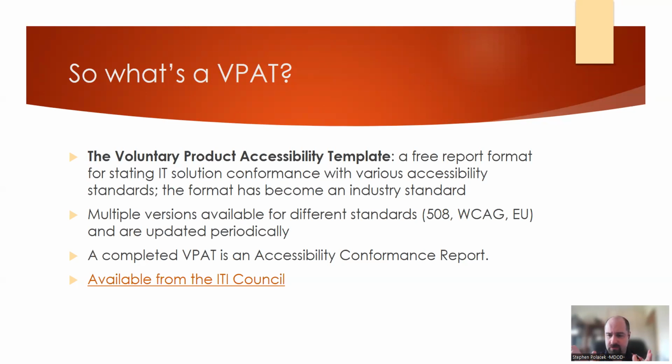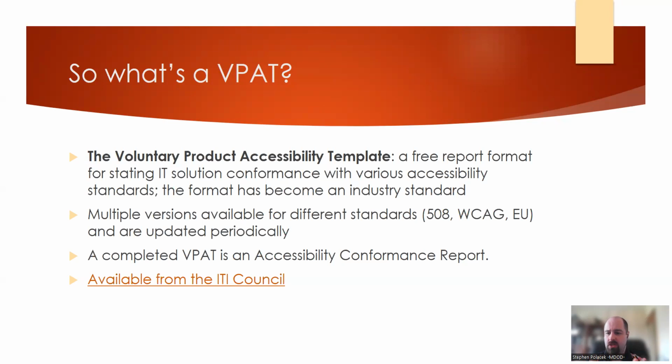So the big thing to remember is that any completed VPAT is an accessibility conformance report, but not every ACR is a VPAT. Vendors can sometimes provide other kinds of reports, depending on if they're working with outside vendors or consultants to develop something, or they might be using just an automatically generated report from whatever tool they're using.